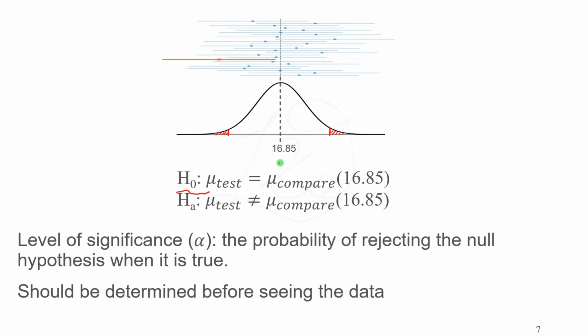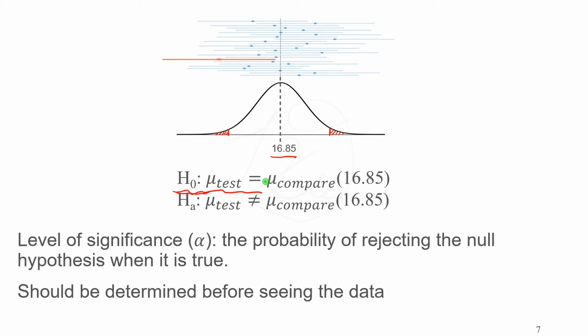What is the chance of us making a mistake by rejecting the null hypothesis? If the tested material true mean is 16.85, the chance of us making a mistake and rejecting the null hypothesis is only 5%. And we just say we accept such a low chance of making mistakes.